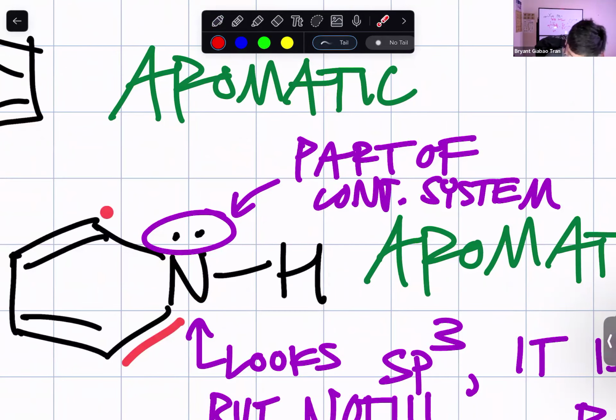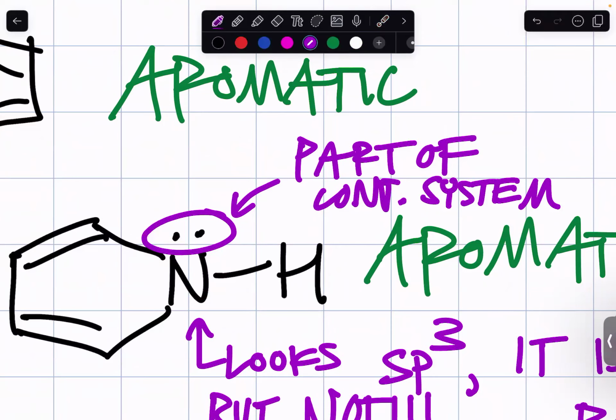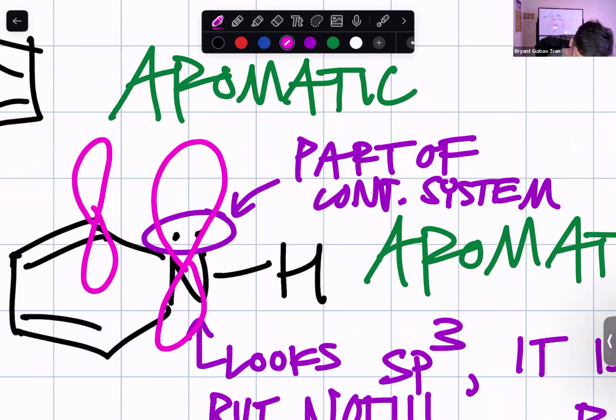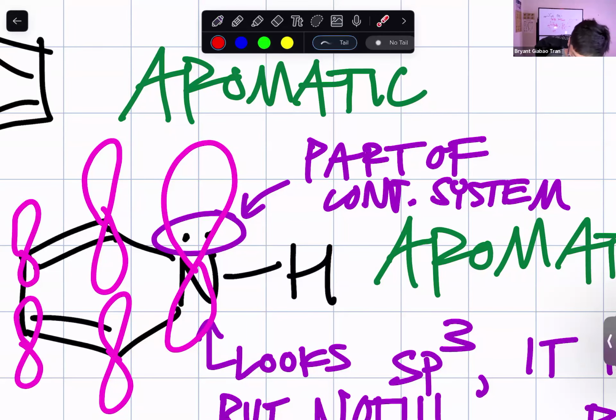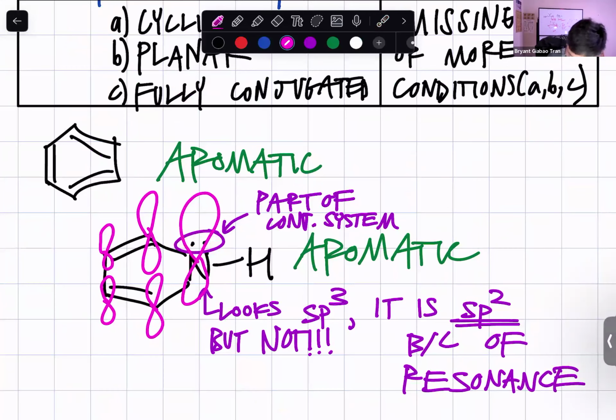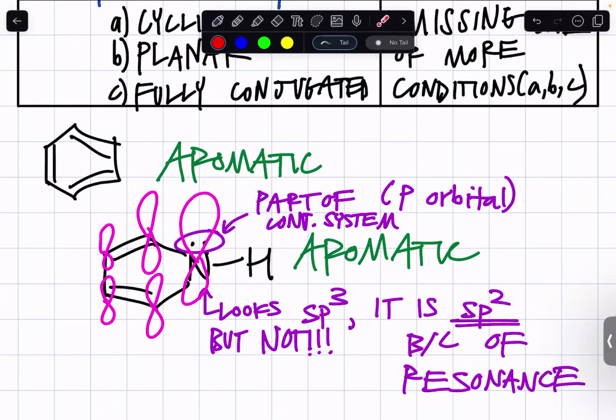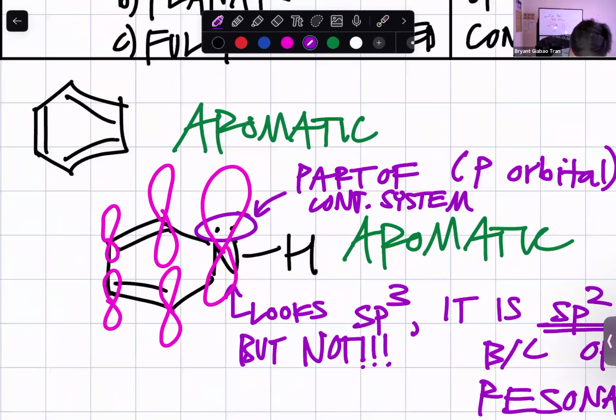So the p orbital here is going to overlap with the other p orbitals. That p orbital is holding that negative charge, that pair of electrons. The sp2 orbitals are going to be here: sp2, sp2, sp2.